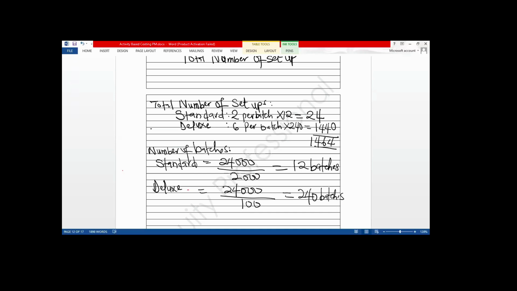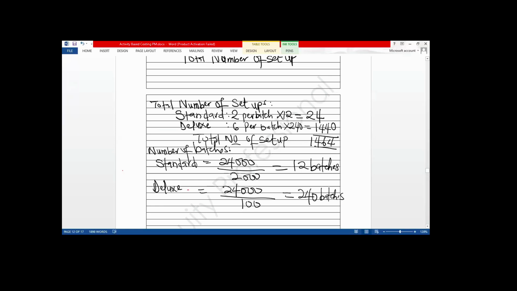Now you have gotten the total number of setup. I can now calculate the cost driver rate.